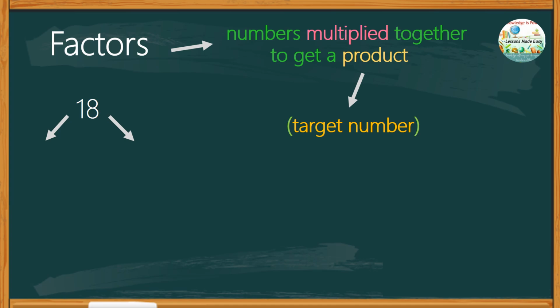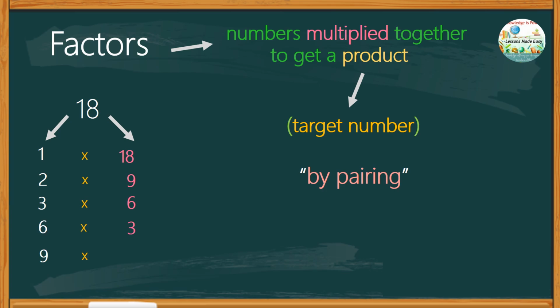We can do this by pairing, starting with 1 times 18, 2 times 9, 3 times 6, 6 times 3, 9 times 2, and 18 times 1. From this pairing, we can clearly identify the factors of 18. We have 1, 2, 3, 6, 9, and 18 itself.